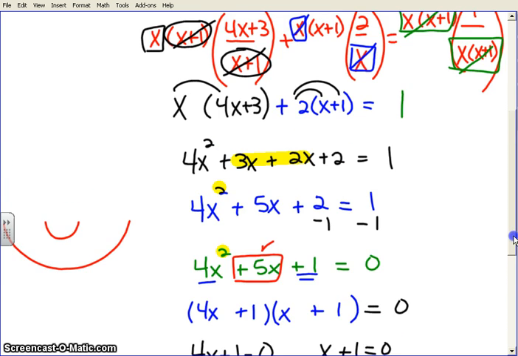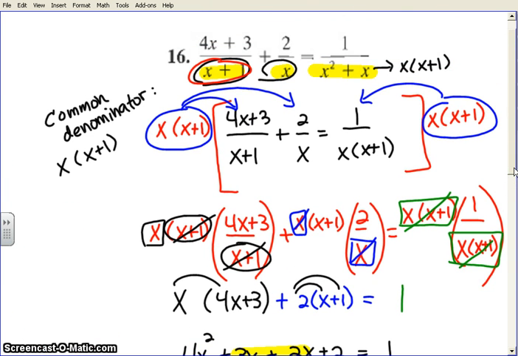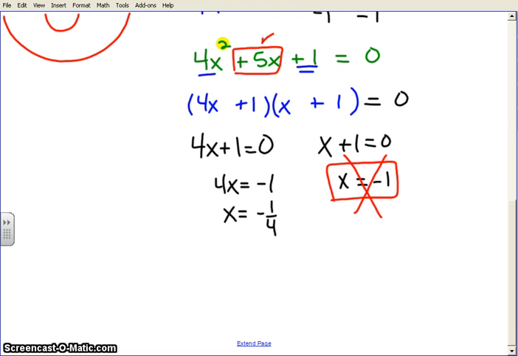However, if we substitute negative 1/4 in, negative 1/4 plus 1 is equal to 3/4. And that's okay to have in the denominator. And it's also okay to have negative 1/4 here. Okay? So that makes our solution to this rational equation x equals negative 1/4.